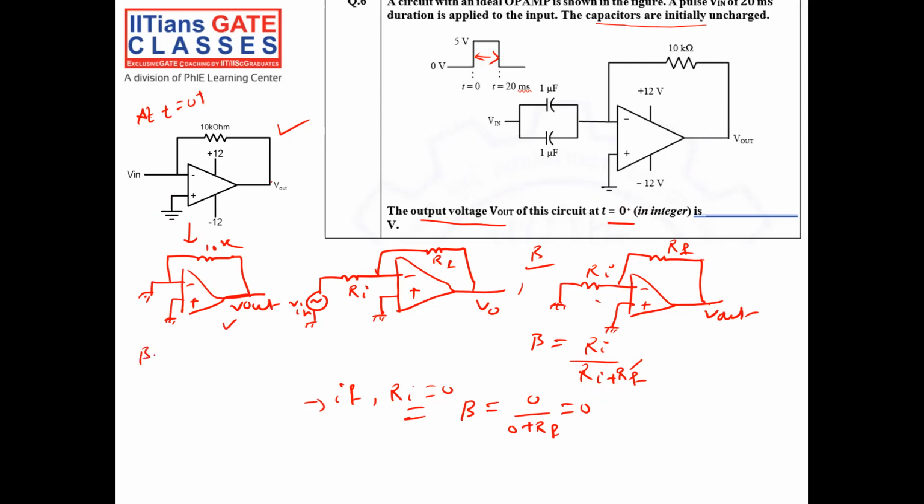That means beta is equal to 0 by 0 plus 10k, which is 0. There is zero feedback. So you can say this circuit has zero feedback, not negative feedback.